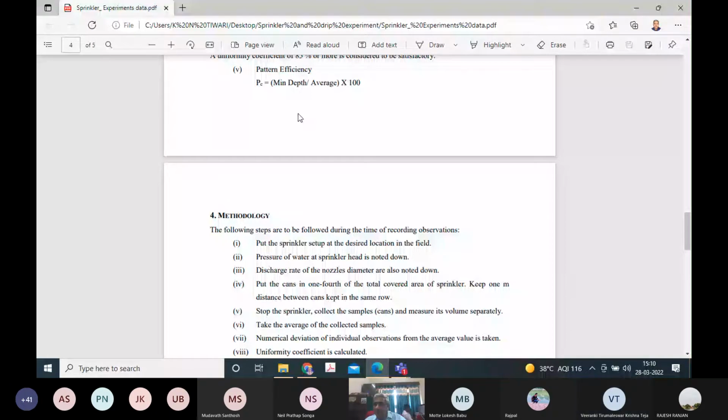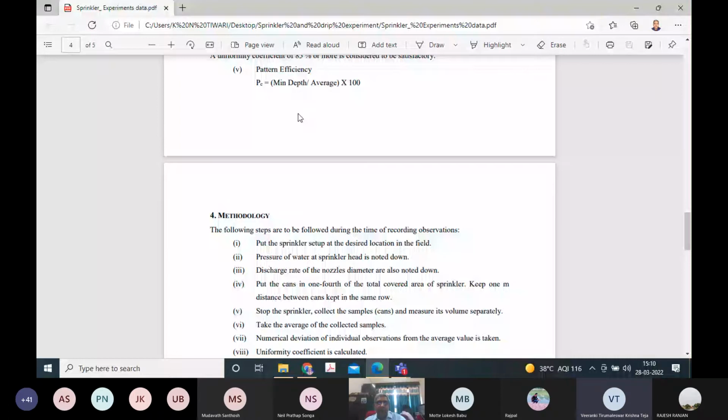O is the central place, and A, B, C are all the radius lines on which the cans are placed, and these can data are used to find the average value of each row. Accordingly, these values are collected, and then we calculate the statistics.